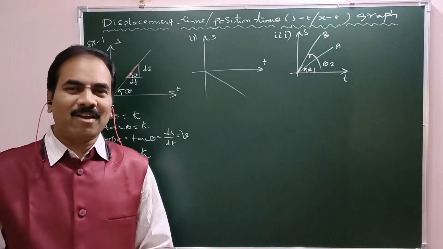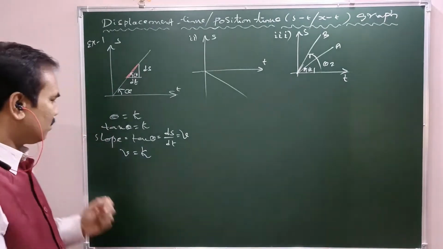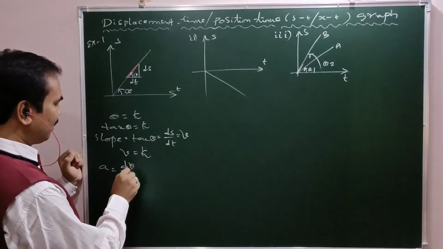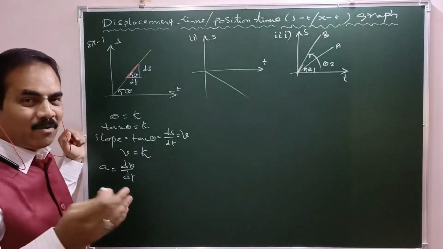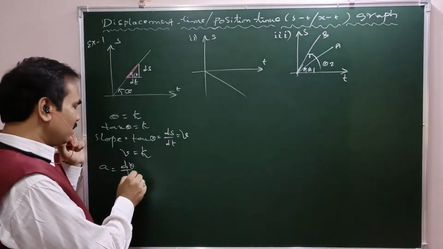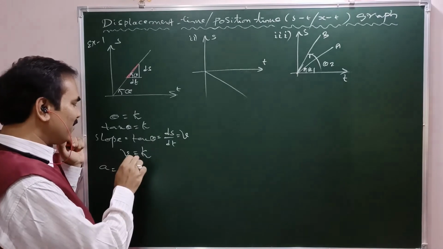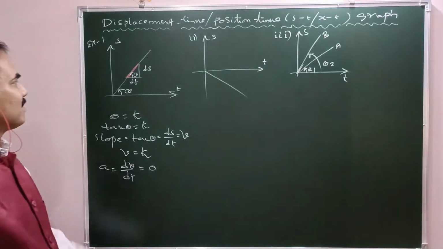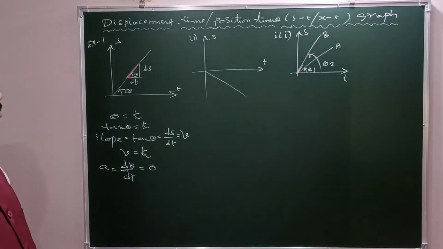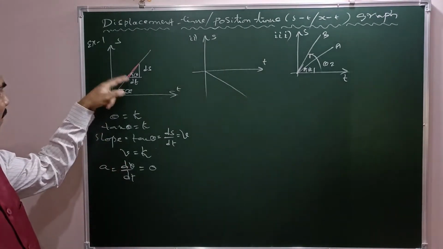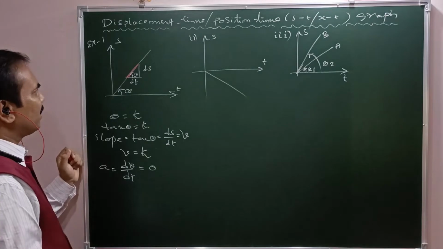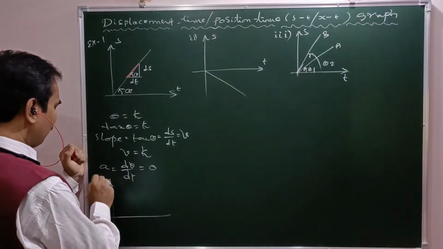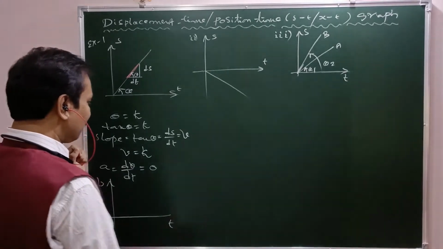Acceleration means change in velocity per time, so acceleration equals dv by dt. What is the change in velocity? As it is constant, dv is 0. So acceleration is 0.